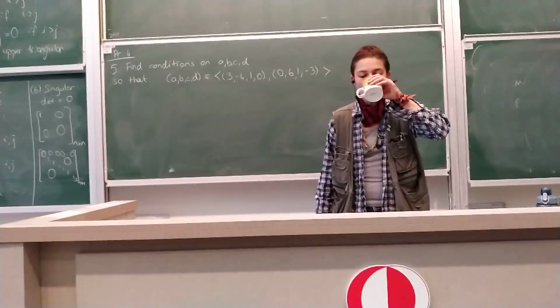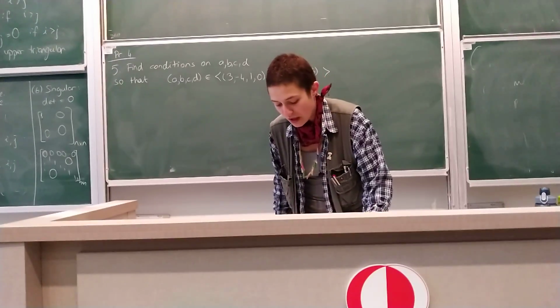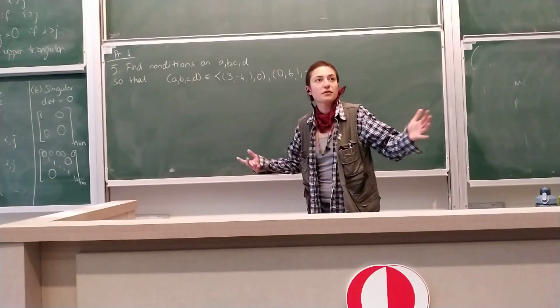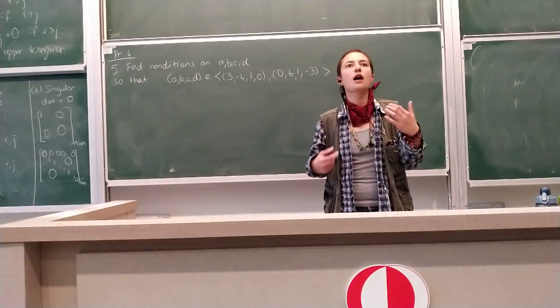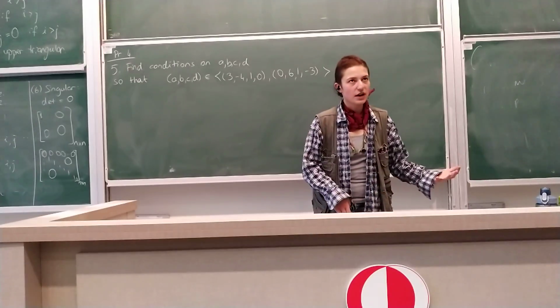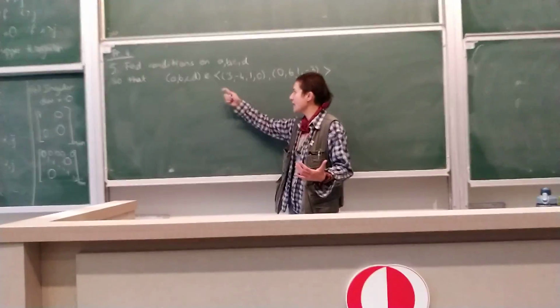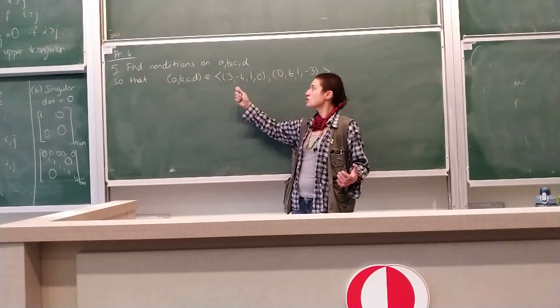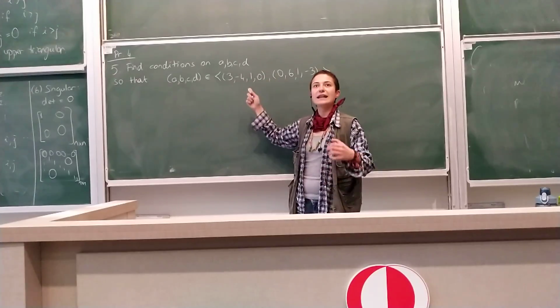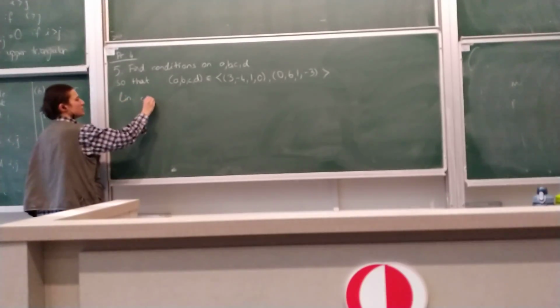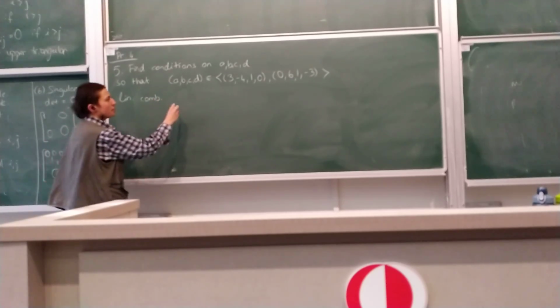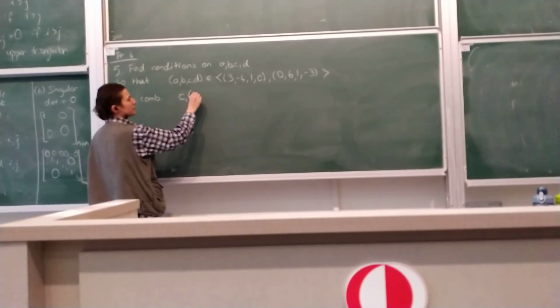Now, what does it mean to span something? You have two vectors. There's something called linear combination. You have scalars, right? Your scalars can be multiplied by your vectors. So, using these two vectors, a linear combination means, in general, some scalar times the first vector.